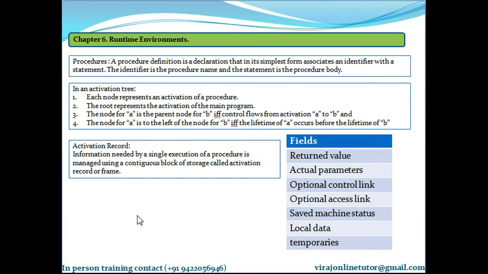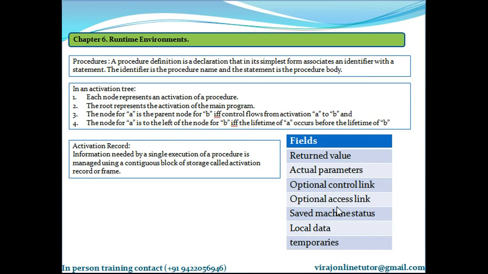First is temporary values. Temporary values such as those arising in the evaluation of an expression are stored in a field called temporaries. Then there is a field for local data, which holds the data local to an execution of a procedure. Then there is a field for saving the machine status, which holds the information about the state of the machine just before the procedure is called.